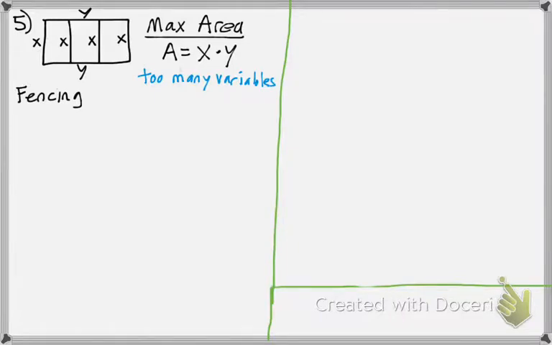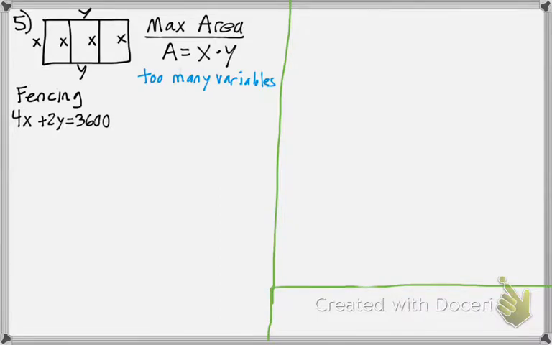So I know that I have 4 X's plus 2 Y's, and I know that we can only use 3,600 meters of fencing. So if I add these up, this has to be equal to 3,600. So I want to solve for Y here.